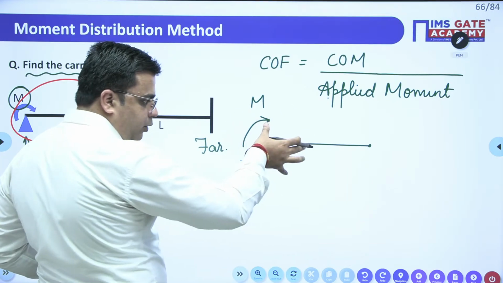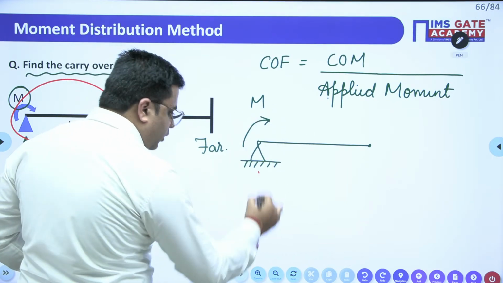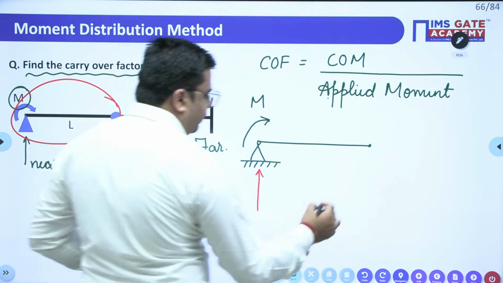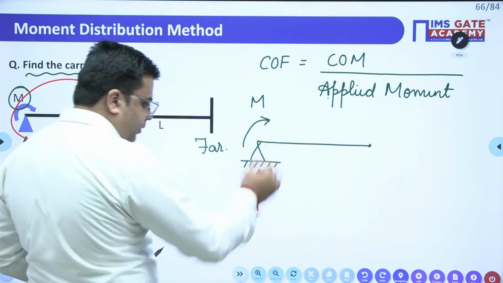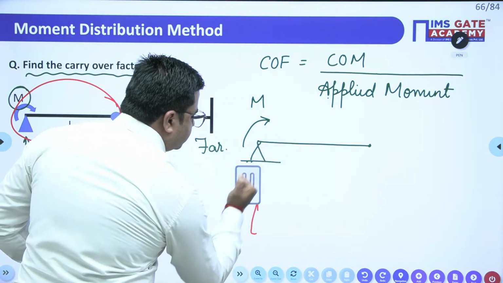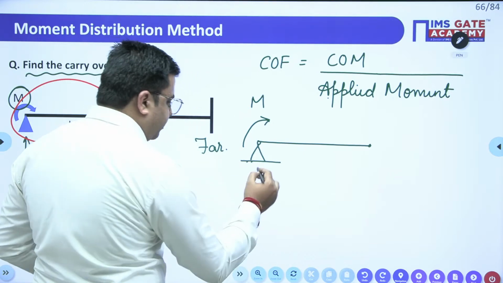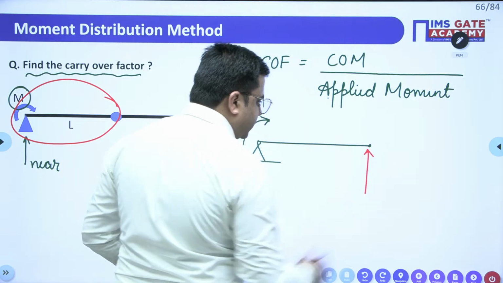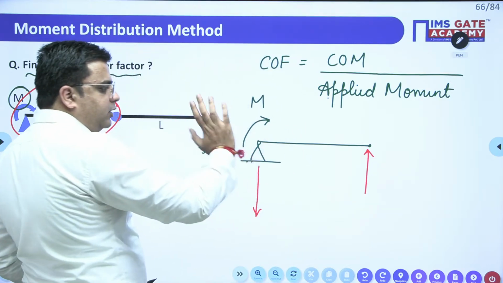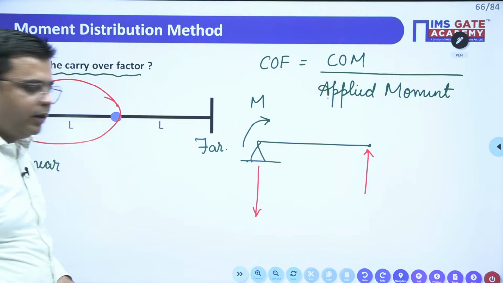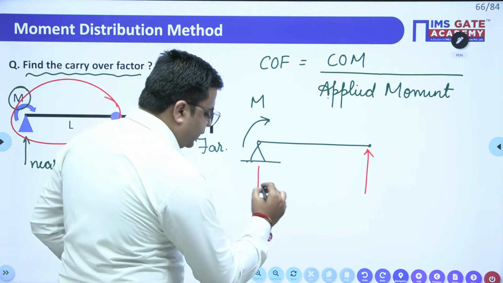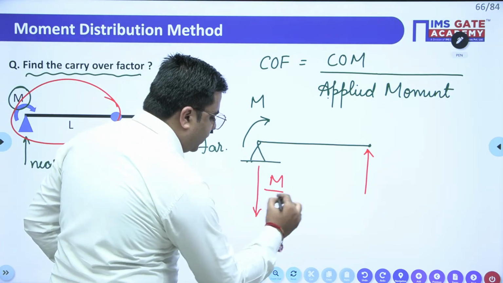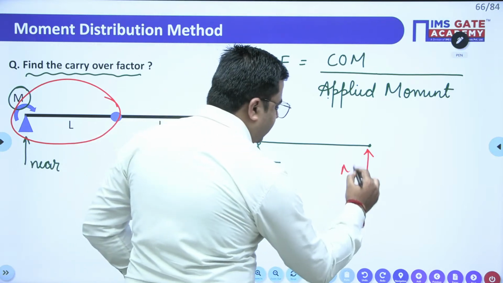This is the clockwise moment. So the opposite couple has to develop in this part of the section, so that this section remains in equilibrium, and the reaction force will be equal to m by L. This is also m by L, right?